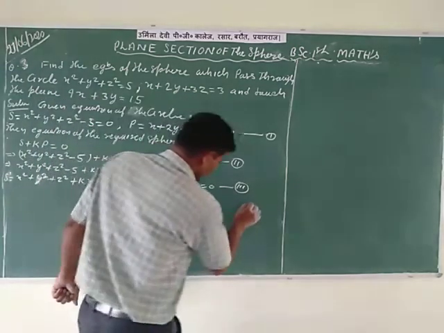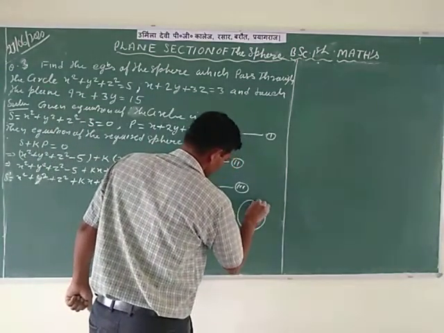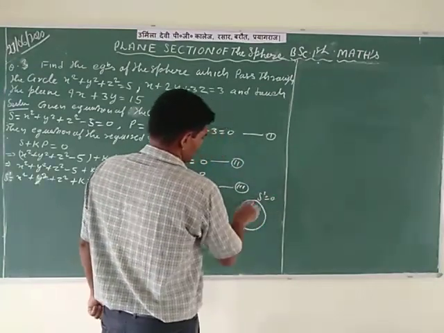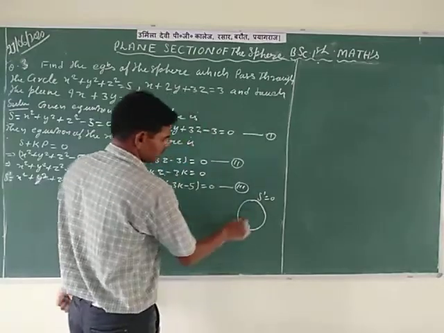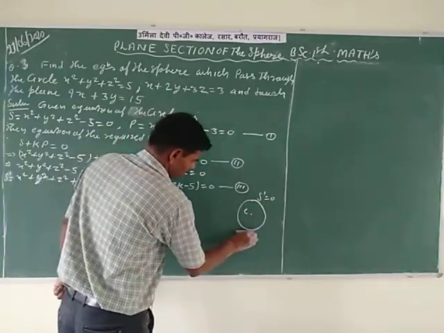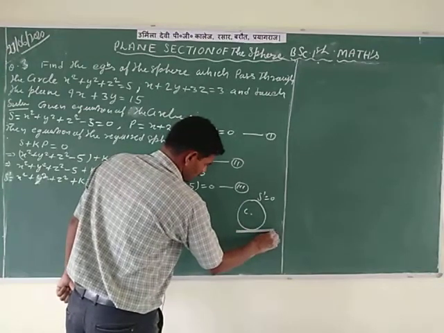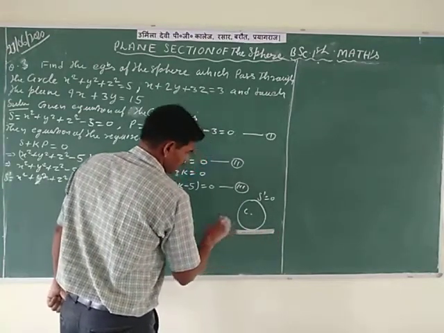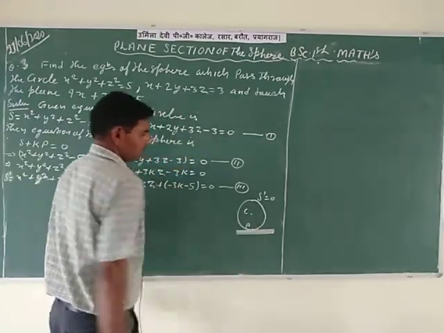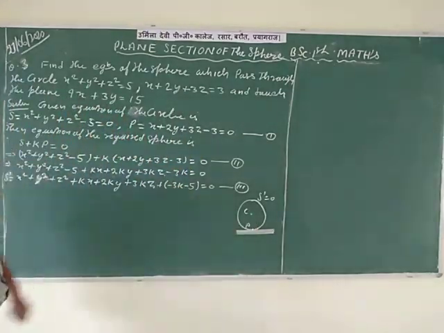Draw a figure of the sphere S dash equal to 0, the required sphere. Suppose that C is the center and the given plane is touching the sphere at point capital P. Here the touching point is capital P.